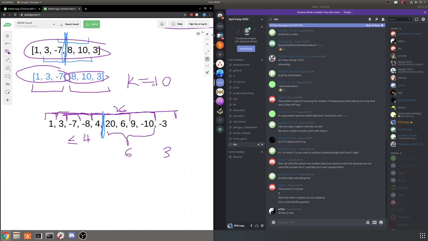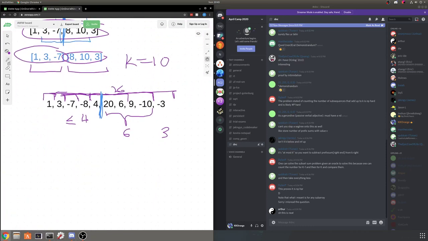Okay, so what we're going to do then is create a set of all of the possible suffixes up to this dividing point. So for example, in this example, we have 4, -4, then it's like -11, -8, -7.